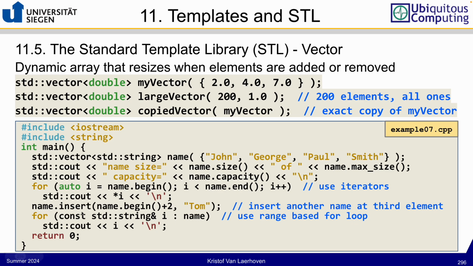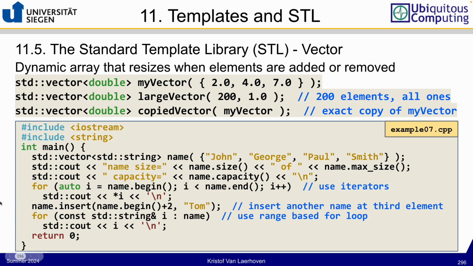And if we then print these out, and this is a new way of doing the for loop. We've seen this, I think, as an extra when we talked about for loops. This can be done since version 17. We can then iterate over all elements of our container name and print these elements out. And since we use an ampersand here, we don't need to dereference. That's the difference here. I hope you still remember that.